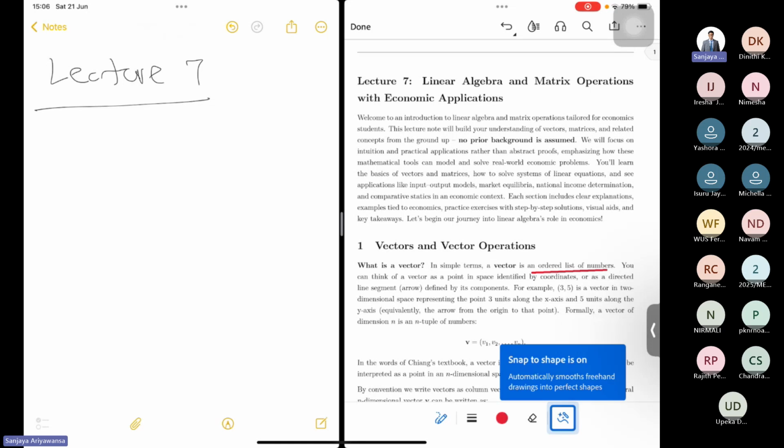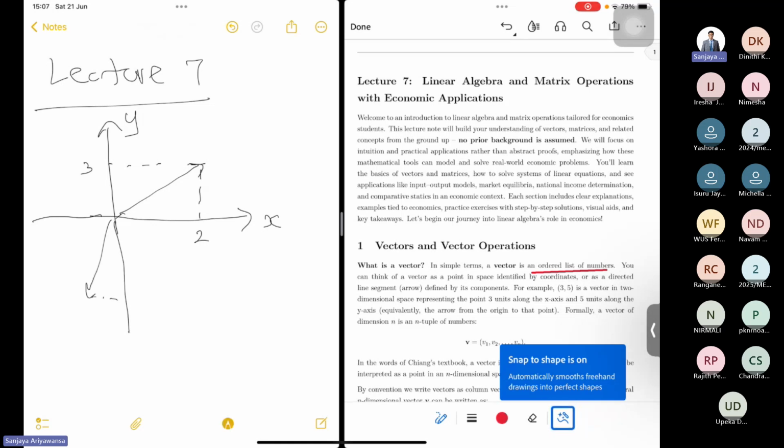For example, if you have an XY space like this, this here could be a vector where on the x-axis it's denoted by 2, and on the y-axis, let's say 3. That's one vector, and it has a particular direction. And this can be another vector.